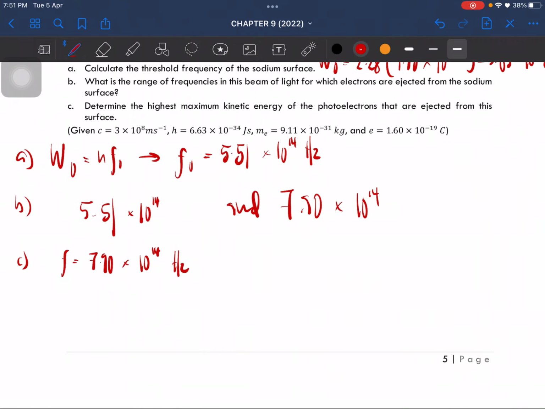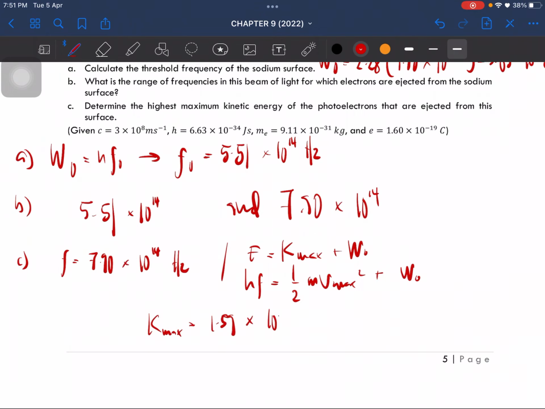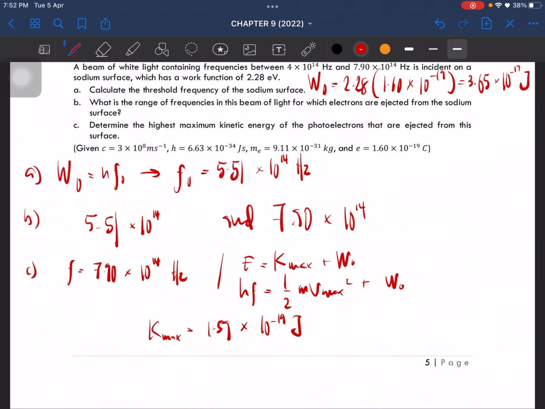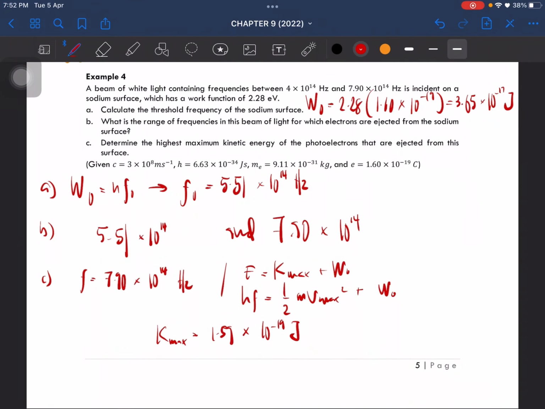Again we are going to use the Einstein photoelectric equation. So that is this, expand it, and you get the kinetic energy plus the work function. From here you would get the maximum kinetic energy to be equal to 1.59 times 10 to the power negative 19 joules. So that is the solution for example number 4.